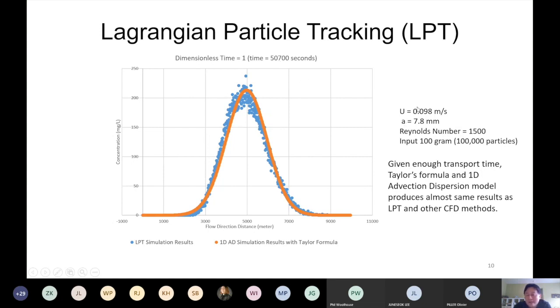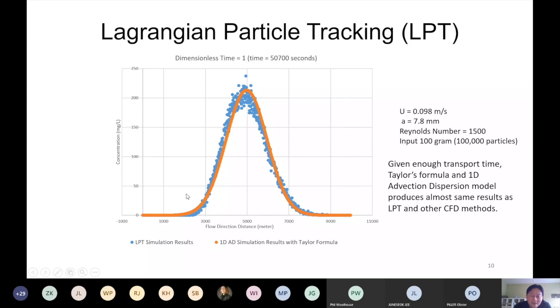With a 0.1 meter per second velocity and a half-inch pipe, the Reynolds number is like 1500, which is within the laminar flow range. So I assume that 100 gram of pollutant is released instantaneously at the beginning of the simulation. I use 100,000 particles to mimic it.